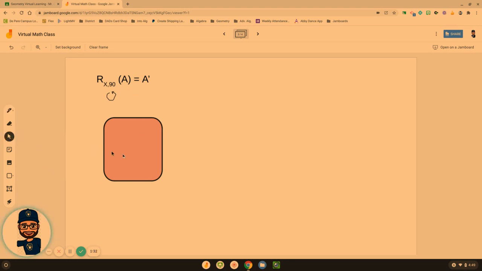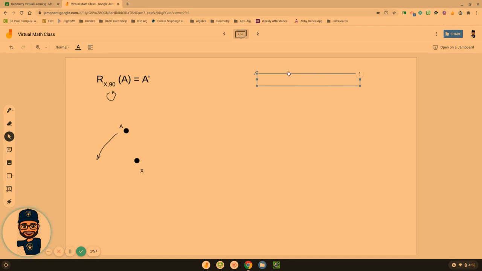So they have to give you the pre-image, the point that they want you to rotate, and they have to give you the center point. We need to take this point A and move it 90 degrees this way somehow, right? 90 degrees. Let me give you a few steps to help us understand how we can do that.